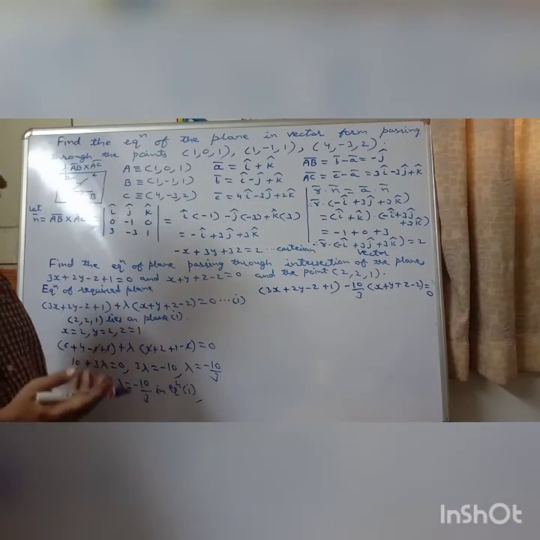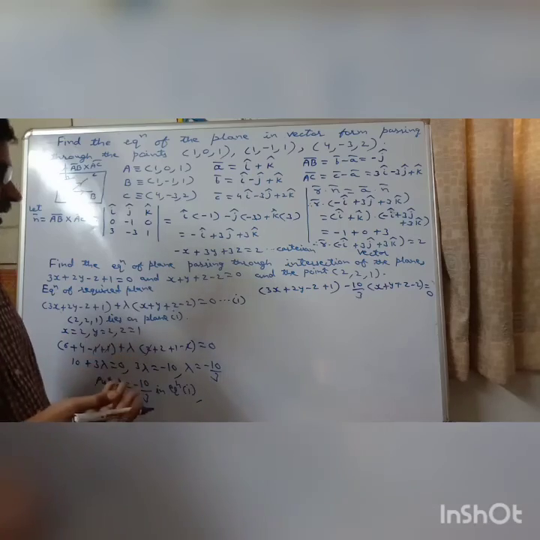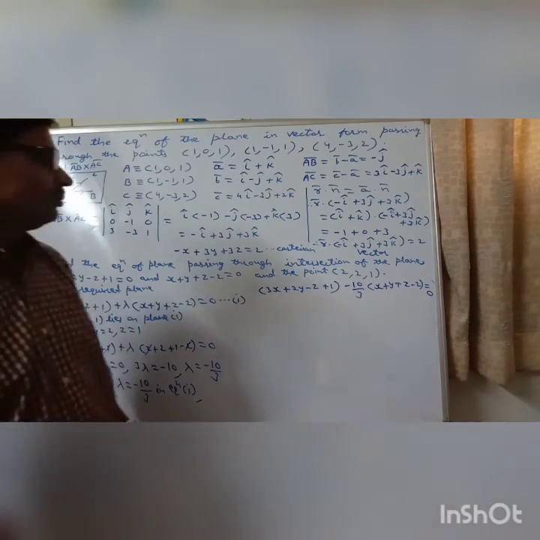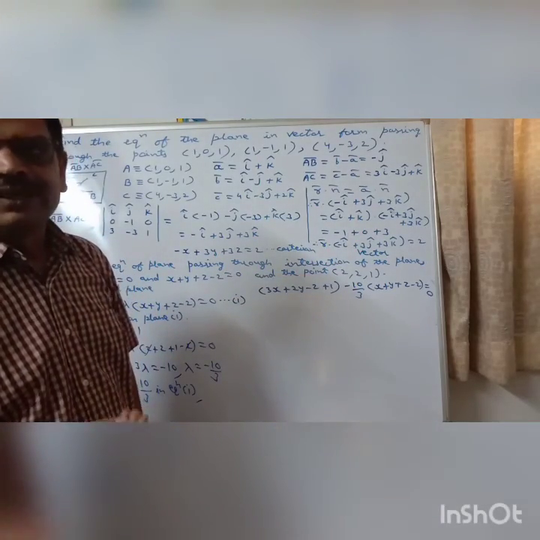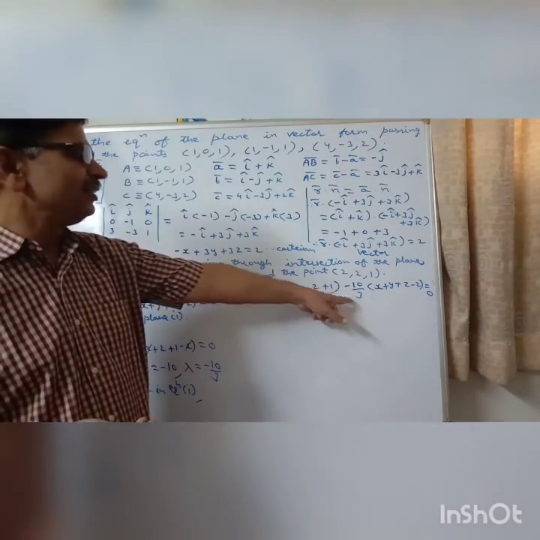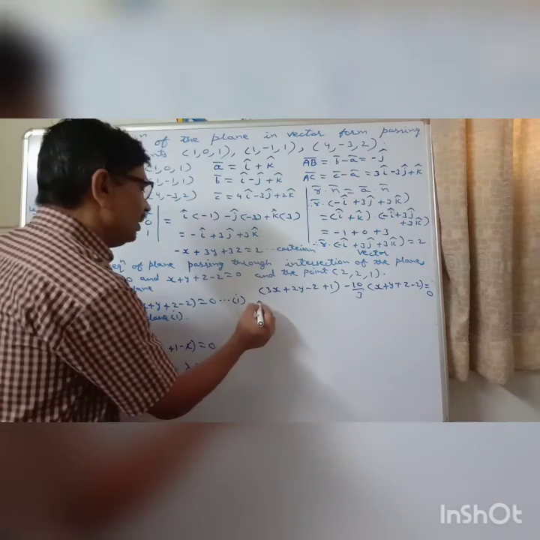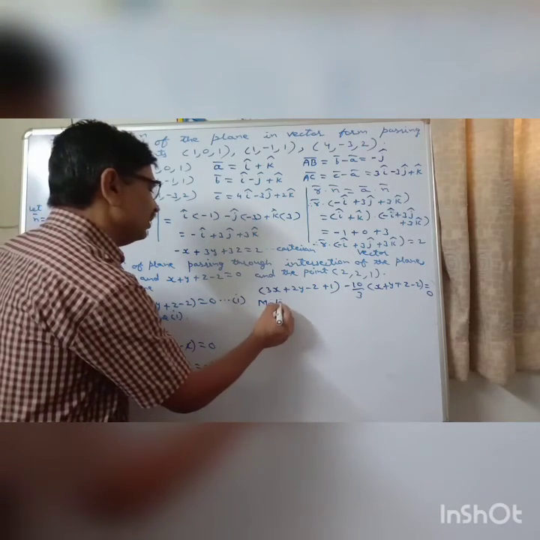Now we have to simplify this equation further. For that, we have to eliminate 3 from the denominator. And to eliminate 3 from the denominator, multiply the equation by 3.